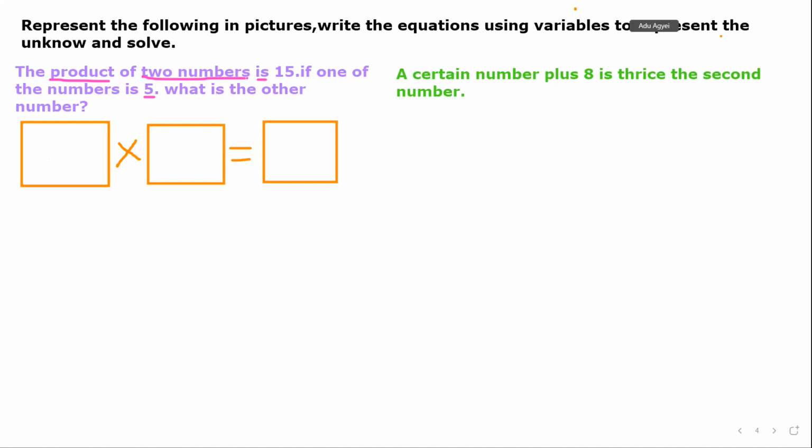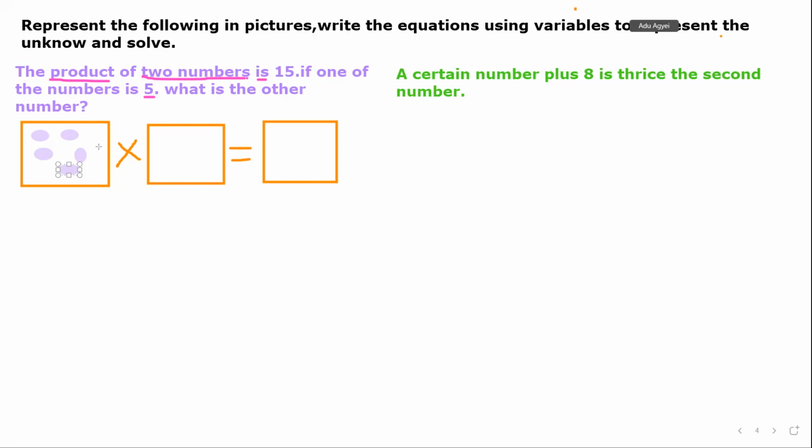So here is 5: 1, 2, 3, 4, 5. Here is the unknown, times.